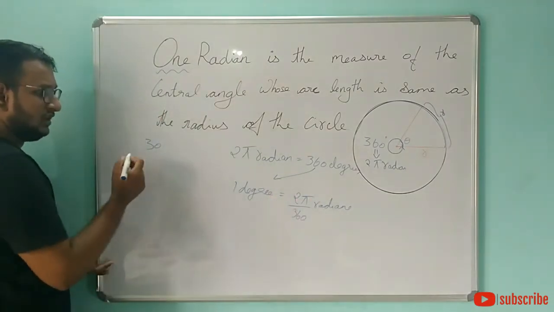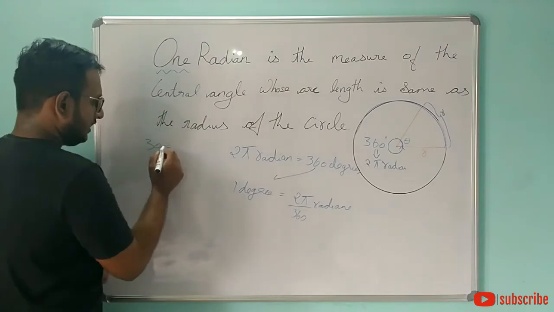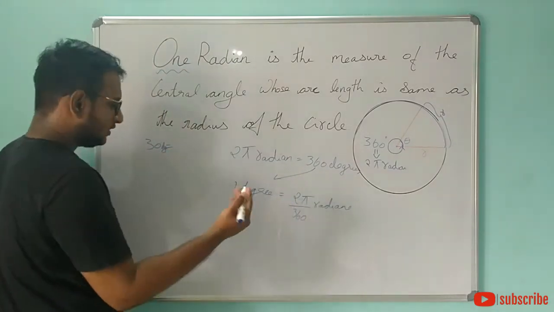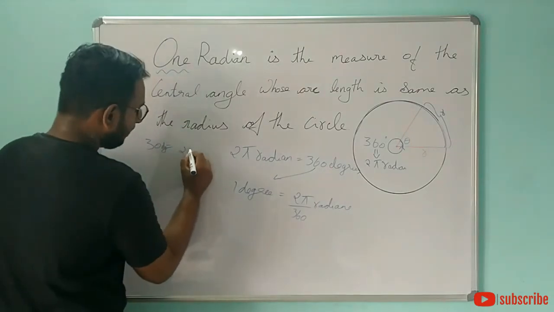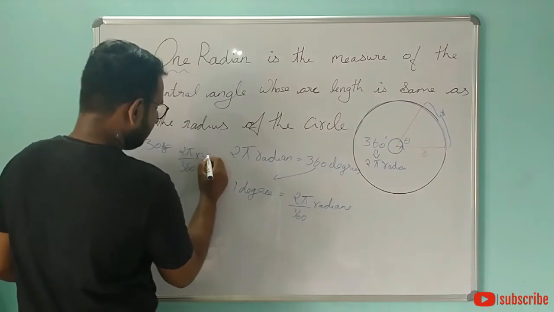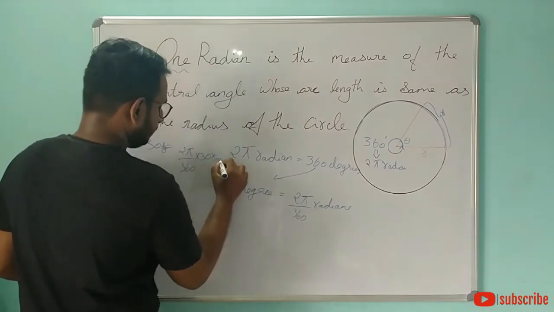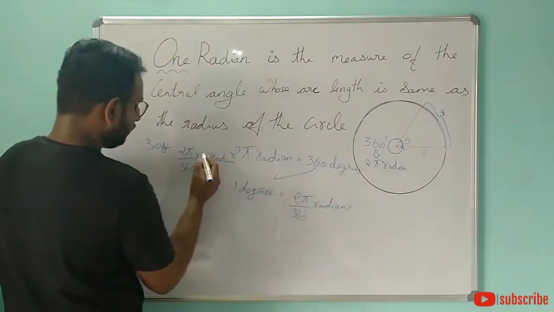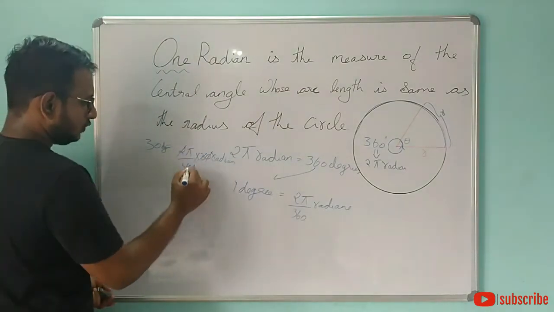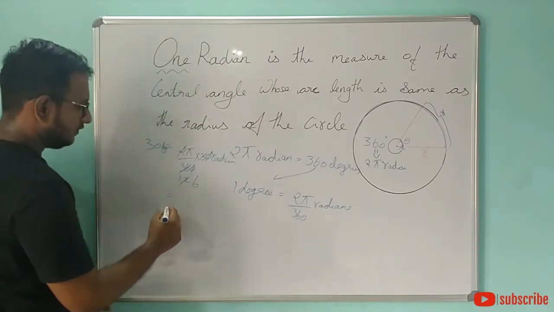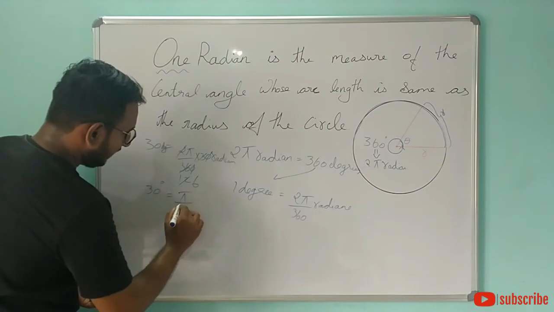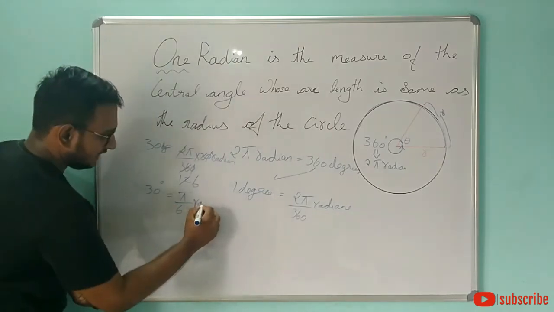So 30 degree is 2 pi by 360 into 30 radian. The zeros cancel, and by simple calculation we get for 30 degree the radian value pi by 6 radian.